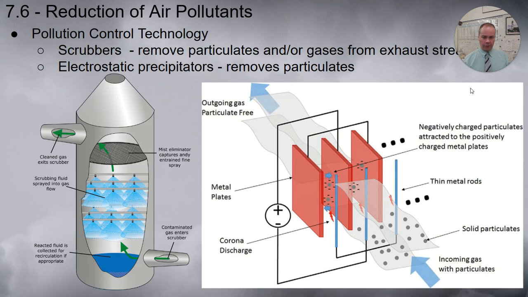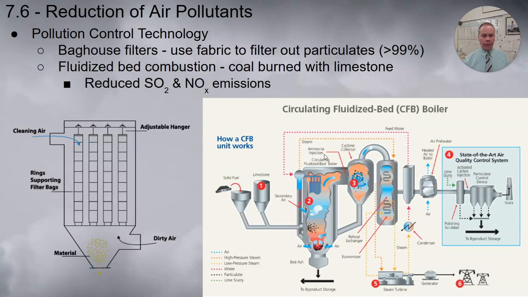Another example is a fluidized bed reactor, which is when you add material like limestone to the fuel that's being burned, and by adding that along with this technology, that can significantly reduce the SOx and NOx emissions from the burning of these fuel sources. It uses limestone, and then you can remove the sulfur and nitrogen compounds. It comes out in the ash that's released.